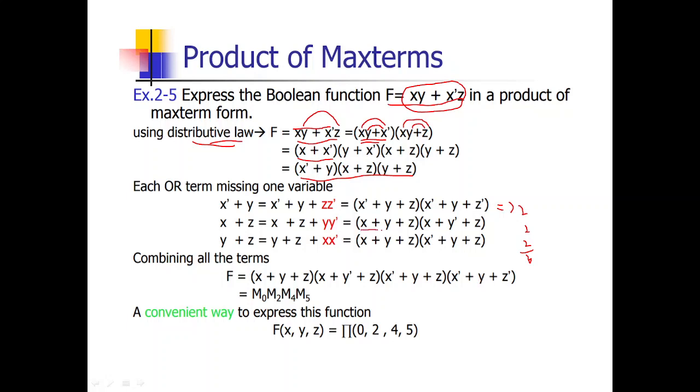So here x plus y plus z, here also x plus y plus z, it is considered once. Another repeating term is x dash plus y plus z and x dash plus y plus z, it is repeated, so it is considered once. If terms are repeating, they can be considered only once. This is the way we can find the product of max terms.